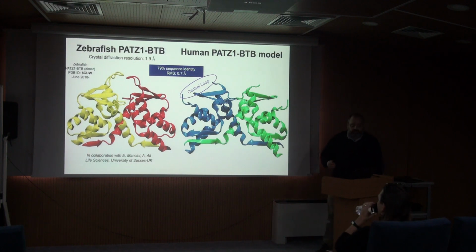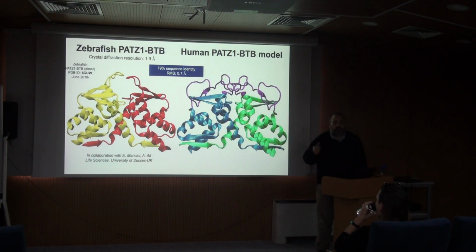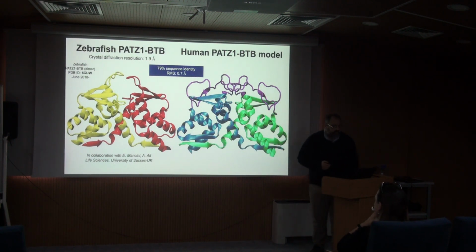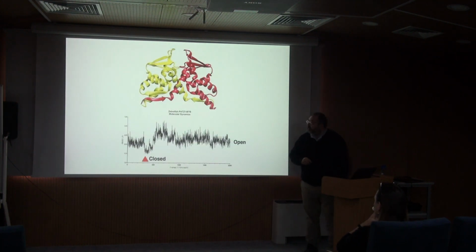So using that information, Sofia was able to model this missing region in the human protein. And although there are some loops here, we can assign some new structures like these beta strands that form in the human. So this is the paper we just submitted, and hopefully will be published in the next couple of weeks.